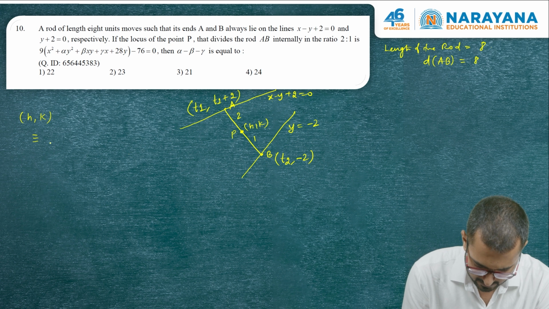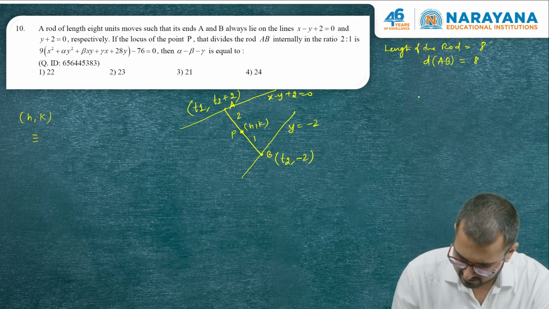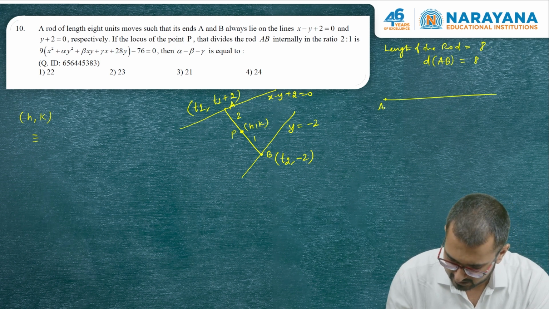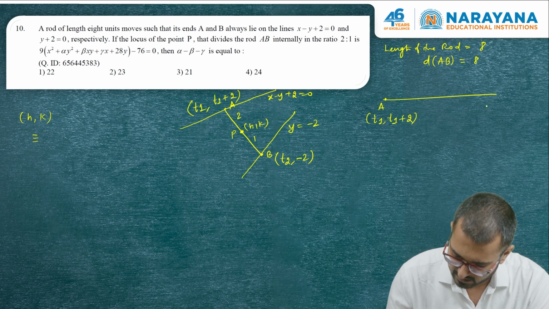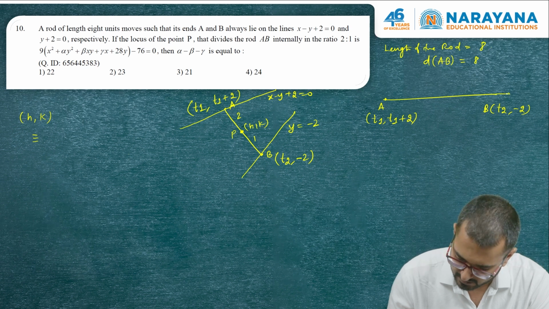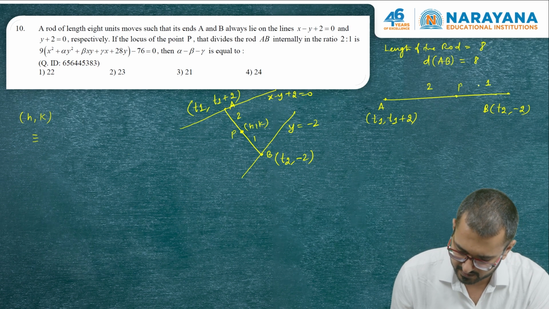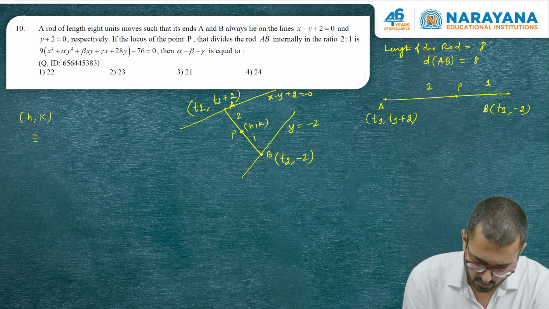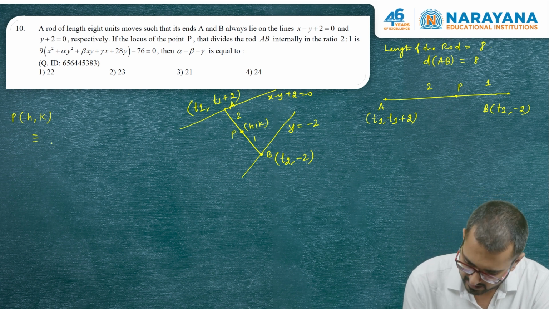This is A, which is (t1, t1 plus 2), and here I have B, which is (t2, minus 2), and then here is some point P, and this is dividing in the ratio 2:1. So now coordinates of P we can write down directly.